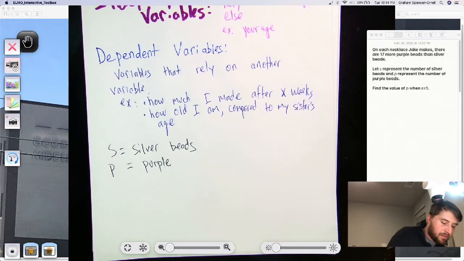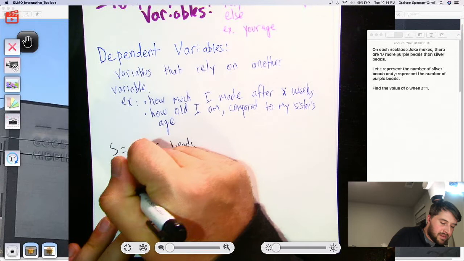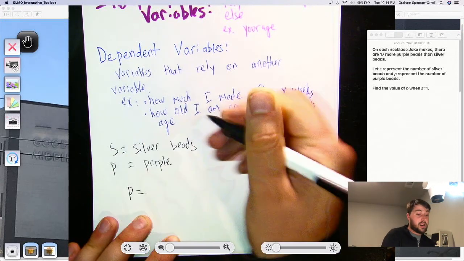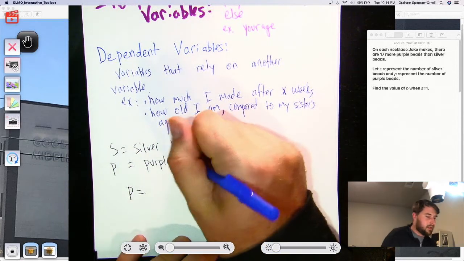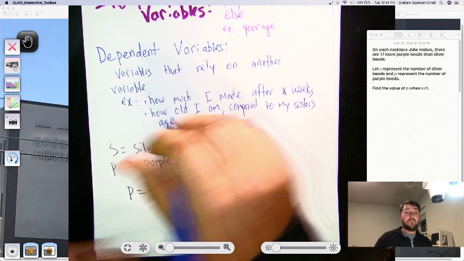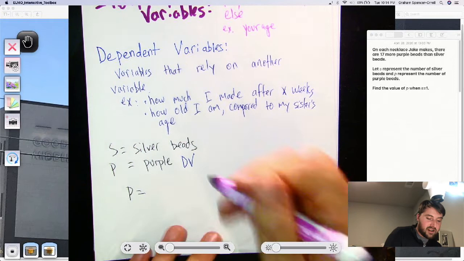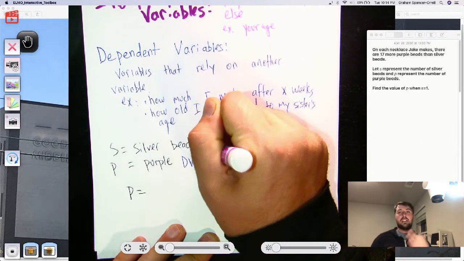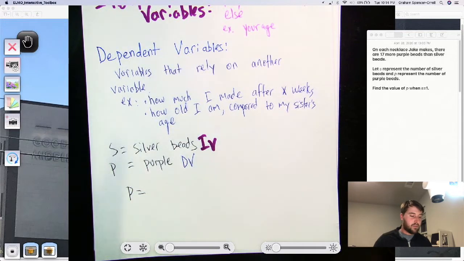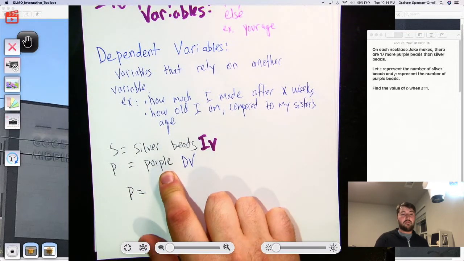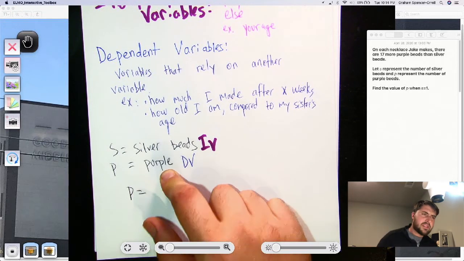So purple beads are our dependent variable. Silver beads is the independent variable because it is the one that we're basing our other number off of. So we know that there are 17 more purple beads.